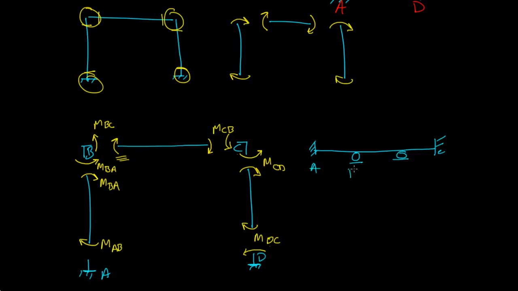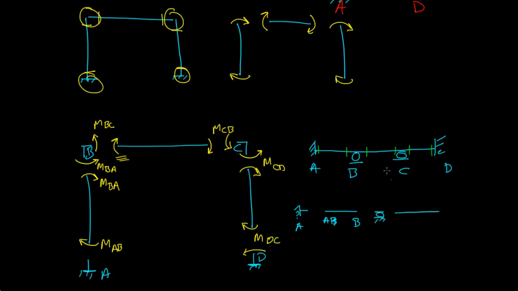Let's call this A, B, C, D. I can cut this beam here and here, and I can draw this joint A. Here's joint A. Then I have span AB, and then I have joint B, which is this, right?